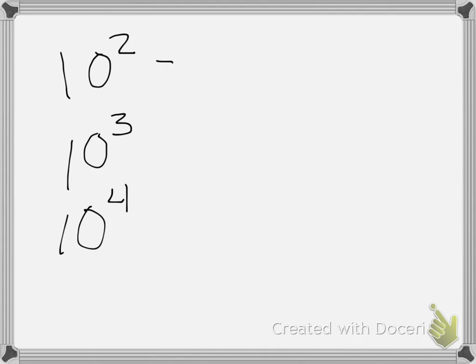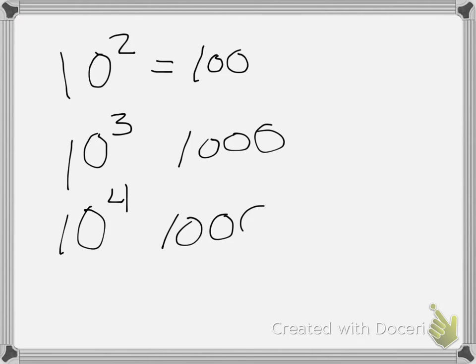For example, in your math message, you had 10 to the second power, 10 to the third, 10 to the fourth. So we know that equals 100, this equals 1,000, this equals 10,000. That means, for our rule, the exponent tells us how many zeros follow the 1.